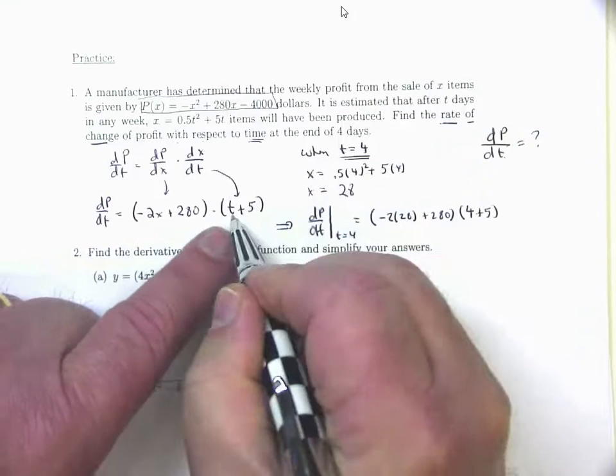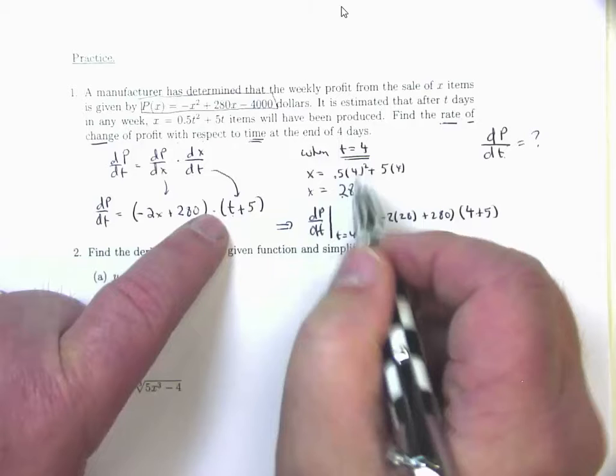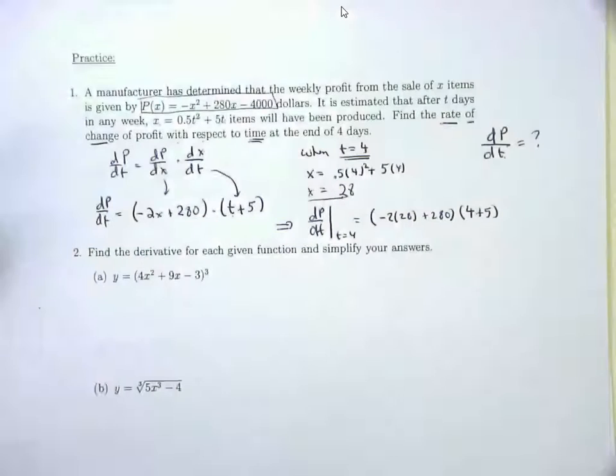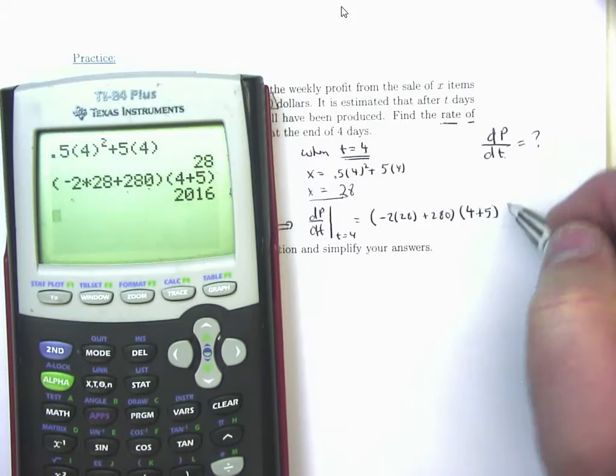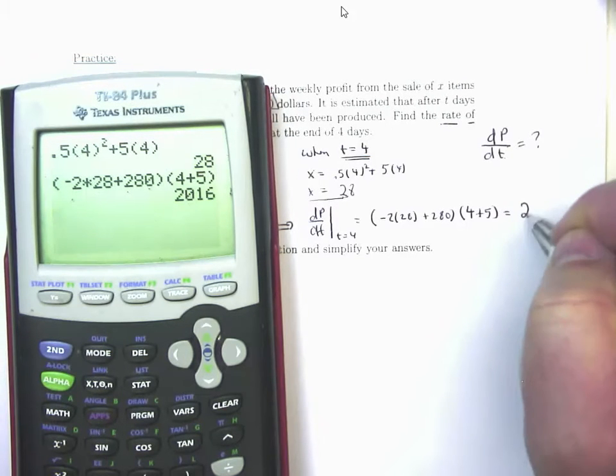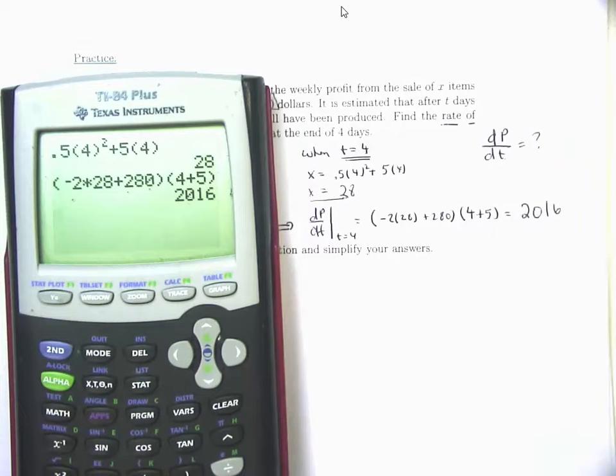So for x, I plugged in 28, and for t, I plugged in 4, and I'm going to put that on the old calculator here. Parentheses, negative 2 times 28 plus 280 times 4 plus 5. And I end up getting 2016.